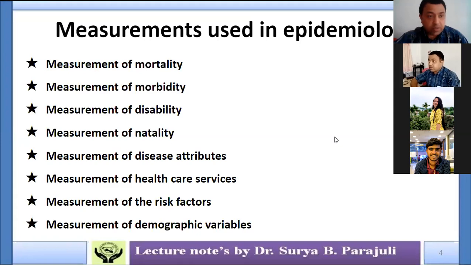This may be one of the determinants. There are also many social determinants: those who are not using adequate proper masks, those who do not have the habit of social distancing, hand washing or sanitation measures. So you can easily identify, based on epidemiology, what factors are responsible for transmission of COVID-19 in Nepal, Japan, South Korea or the US.